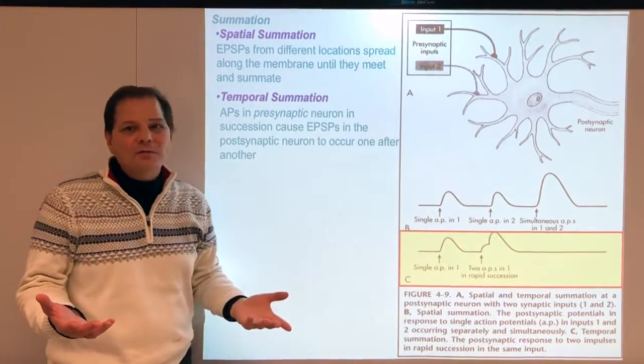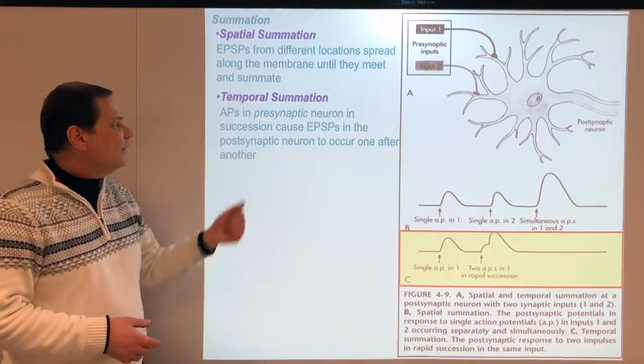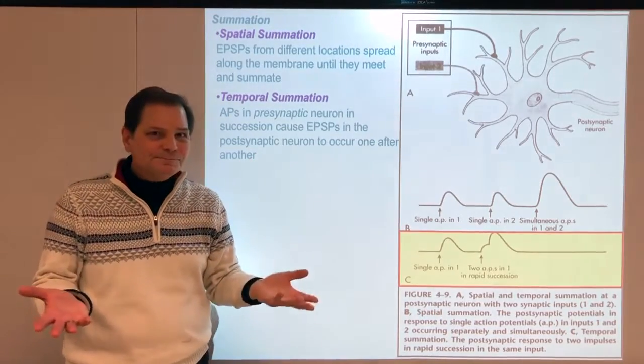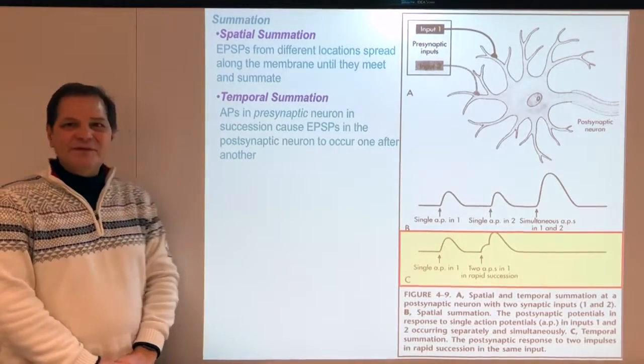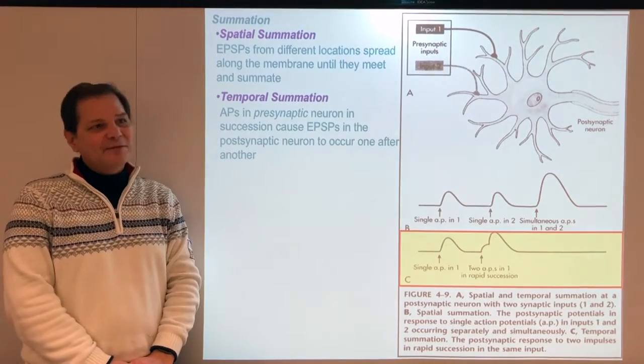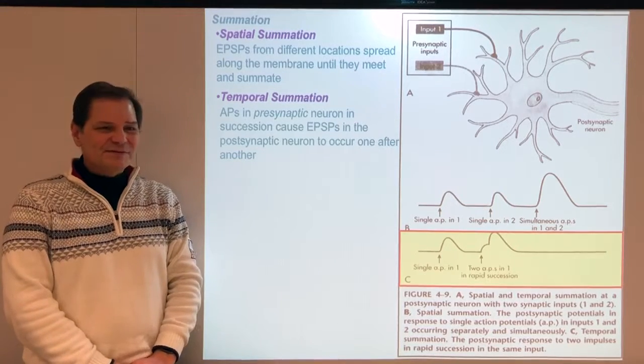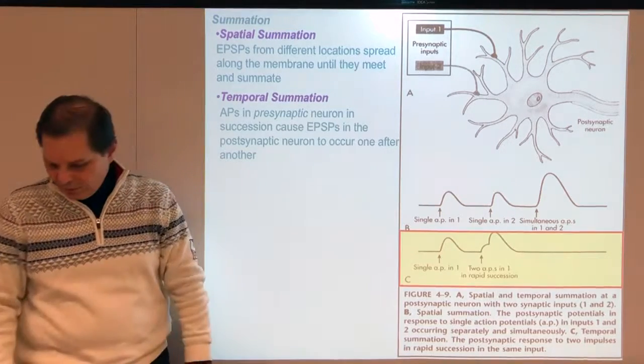Okay, and that's happening all over your central nervous system. So this is just the way that your brain decides what to do. It takes all the inputs, it puts them together, and if they summate to threshold, you fire an action potential. And if they don't, then you don't, okay?